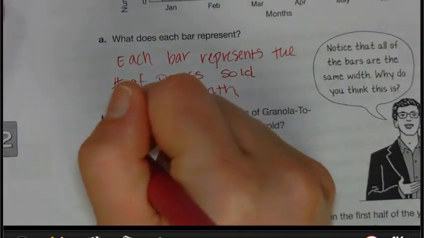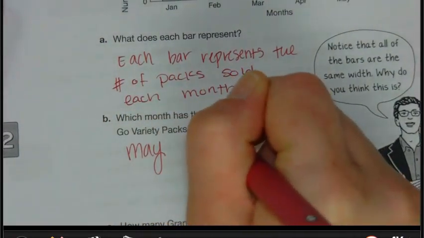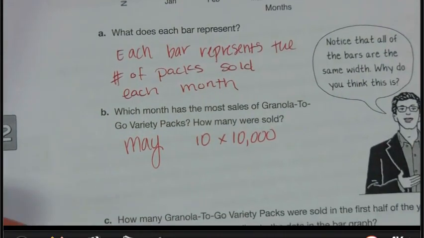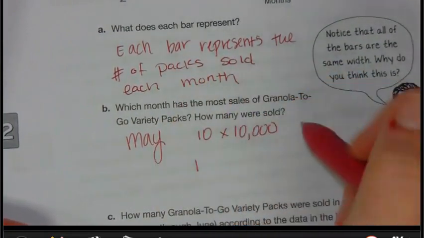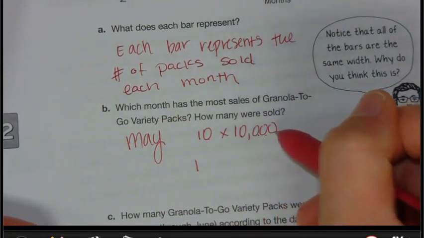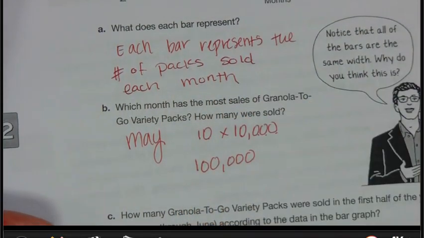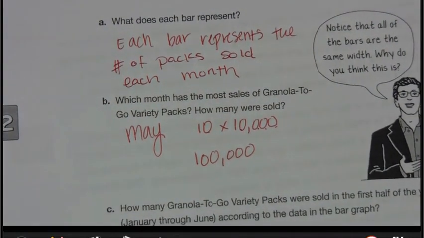Hang on. May, and we're going to take 10 and then multiply 10,000 to it. I was just off by 1. Now remember my ones trick, I multiply the whole numbers, and then I add the number of zeros that I see, and I see 5 zeros. So in May, I sold 100,000 packs.